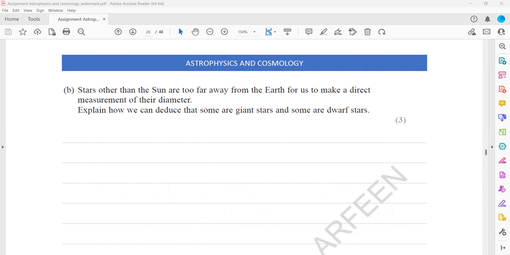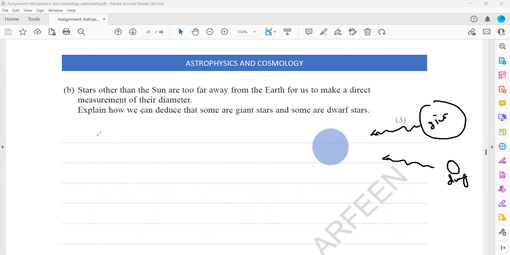Stars other than the Sun are too far from us to make a direct measurement of the diameter, so we cannot measure the size of the star directly. How can we identify that this is a giant star and this one is a dwarf star? The size of the stars is different. So what we actually do is record the wavelength which we receive from these stars.